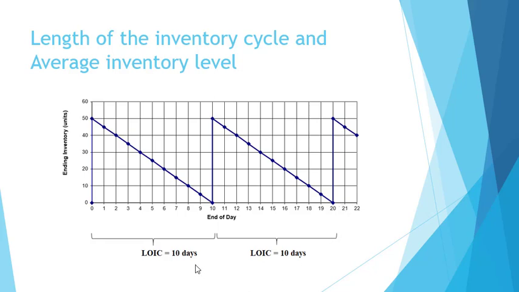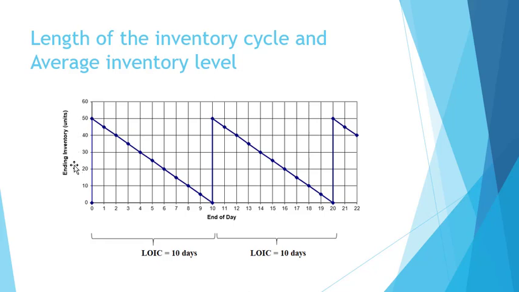So this shows that the length of the inventory cycle can be calculated as 50, which is Q, divided by daily demand of 5. So Q divided by D is 10 days.